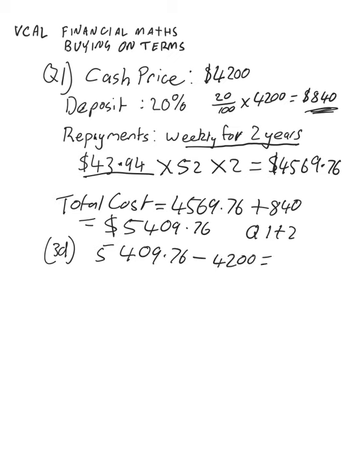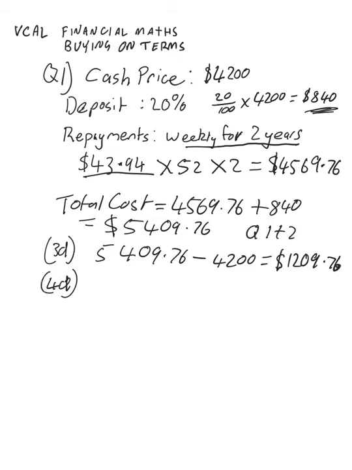So if we subtract that, the extra we've paid is $1,209.76. And that would help you with the last part of question 3, but with different numbers. Now, question 4 also asks, what's the effective interest rate? I think it's question 4D.